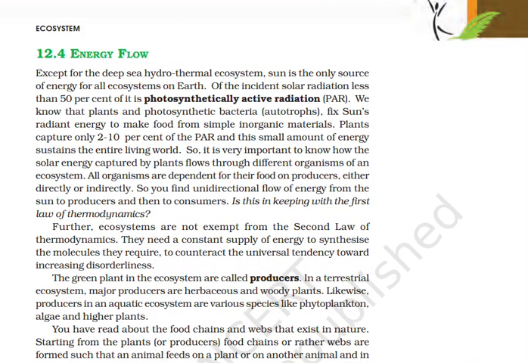So you find unidirectional flow of energy from the sun to producers and then to consumers. Is this in keeping with the first law of thermodynamics? Further, ecosystems are not exempt from the second law of thermodynamics. They need constant supply of energy to synthesize the molecules they require to counteract the universal tendency towards increasing disorderliness.